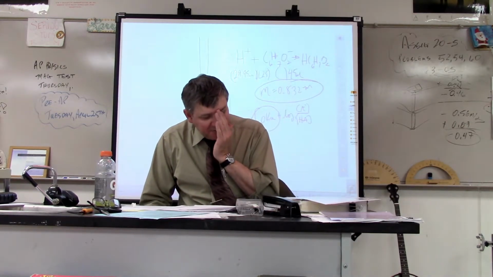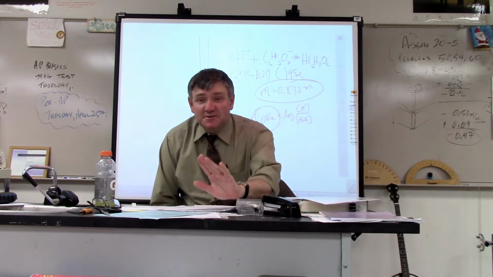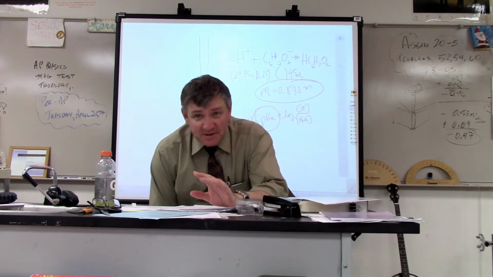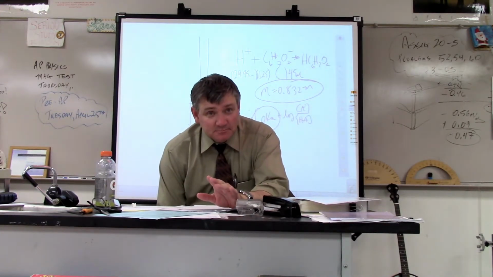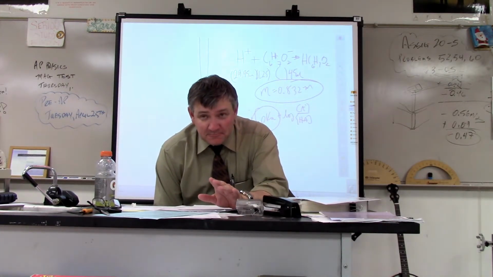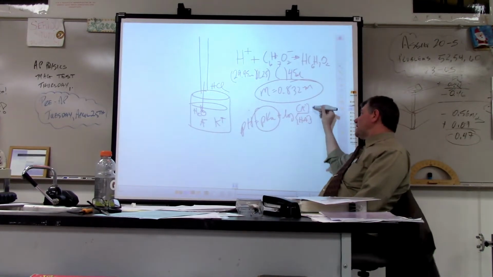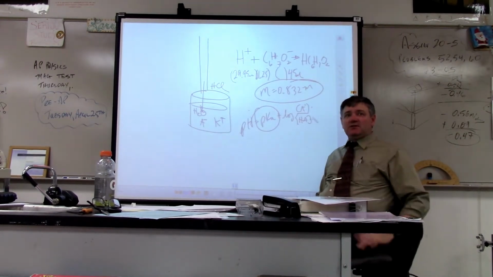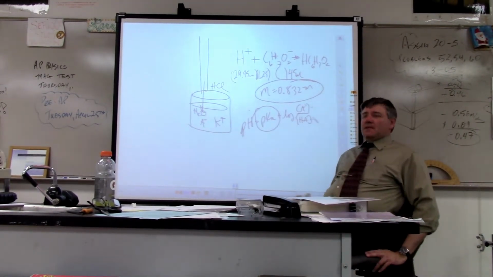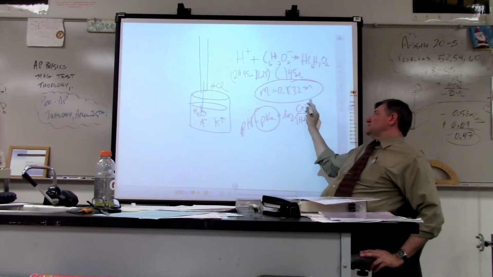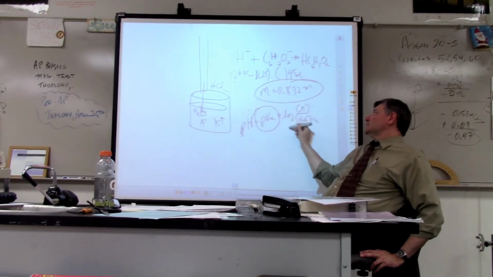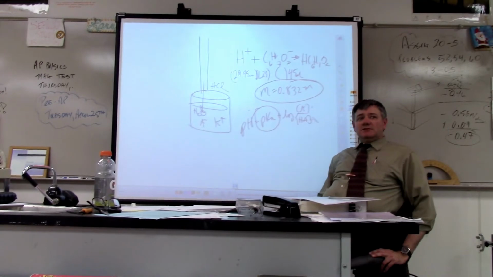Calculate the pH at half the equivalence point. Hopefully this should be the easiest question on here. What are you going to do? At half the equivalence point, what do you know about these two concentrations? So this becomes the log of 1, which is 0.